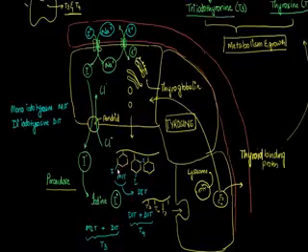Now, every tyrosine ring can have one iodine or two iodine. When it is attached with one iodine, it is called monoiodotyrosine, and when two iodine are attached to a tyrosine ring, it is called diiodotyrosine. Now, by the process of conjugation, one MIT combines with one DIT to form a T3, and one DIT combines with another DIT to form a T4 hormone.